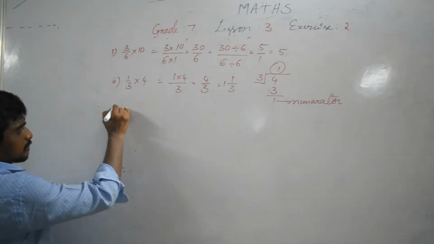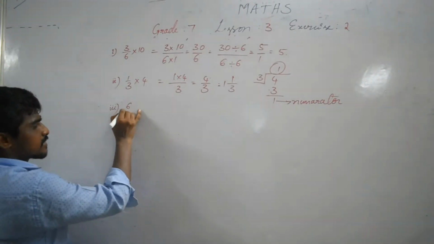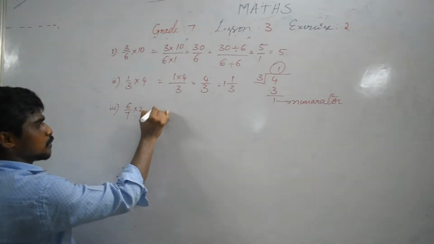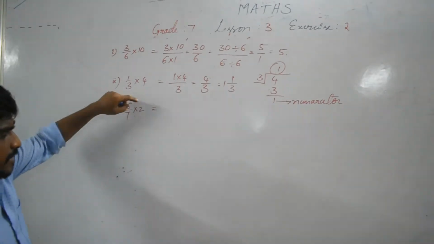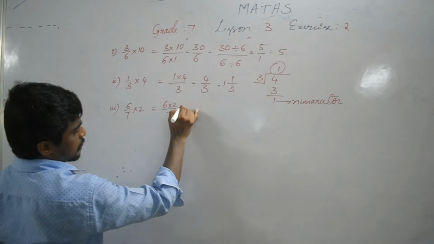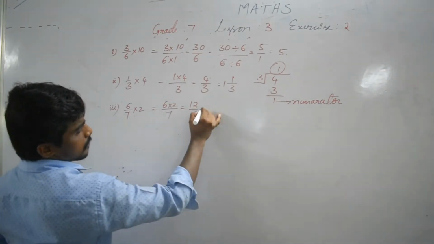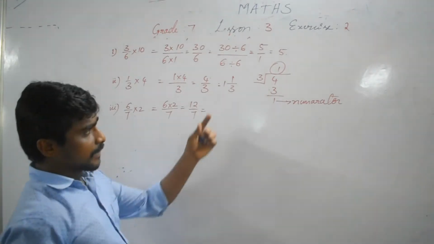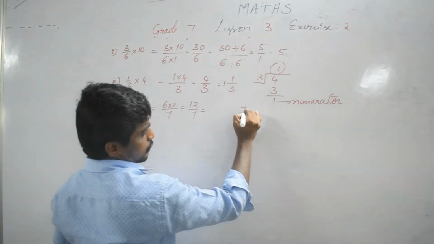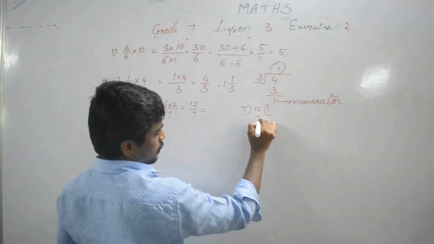Next one, 6 by 7 times 2. 6 times 2 by 7, 6 2s are 12 by 7. Convert to a mixed fraction. 12 divided by 7, 7 1s are 7.